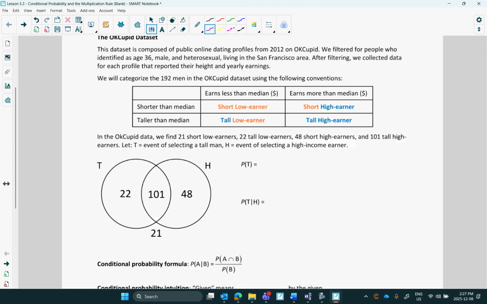So this one plus this one? Yeah, because both of those are in the tall circle, over the total number, which was 192. And we get 123 out of 192.